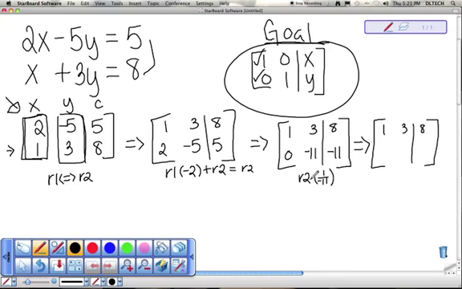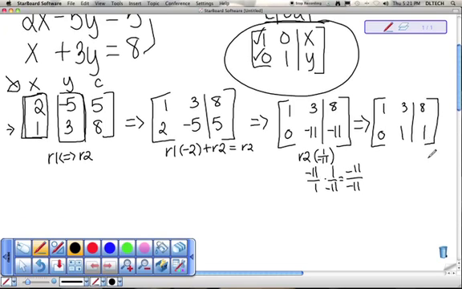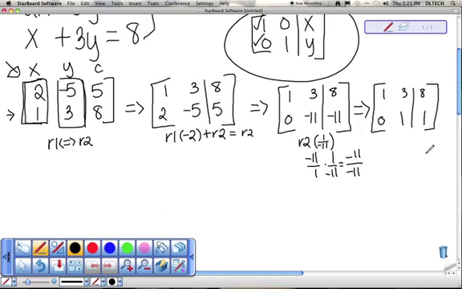And now row 2, so 0 times 1 over -11 is 0. Then -11 times 1 over -11 gives us -11 over -11, which gives us a +1, because remember, 2 negatives equals a positive, and that's the same with this one here, so that also gives us 1. So we're done with number 3.